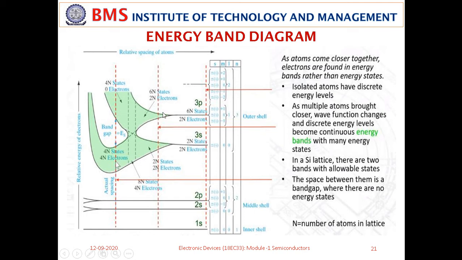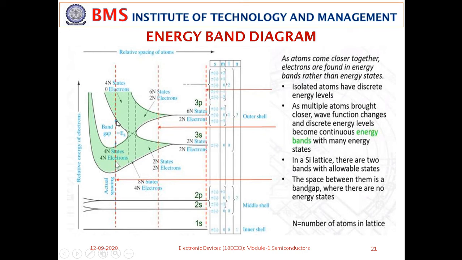All this green shaded portion indicates the band formation here, whereas here you are seeing discrete energy levels when atoms are apart from each other. When atoms are brought close to each other, you see the shaded portion here. This forms the conduction band, and the bottom shaded portion forms the valence band. And this space you are seeing is the forbidden gap or band gap energy.